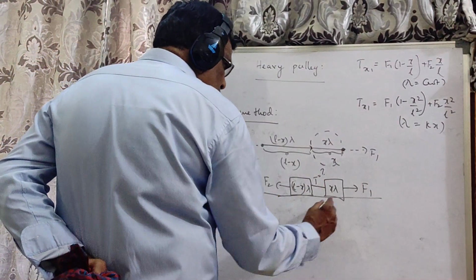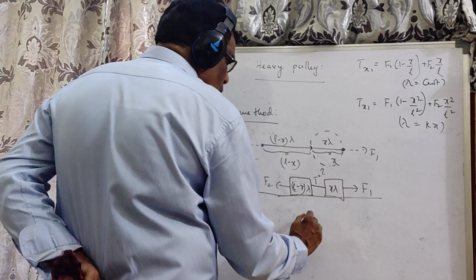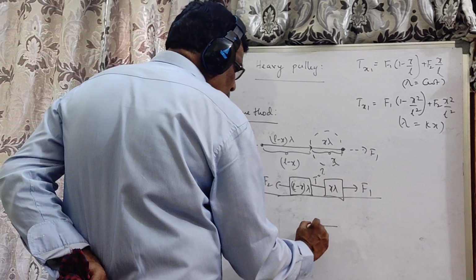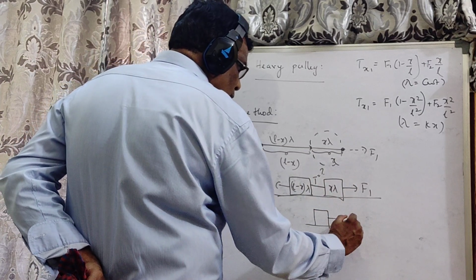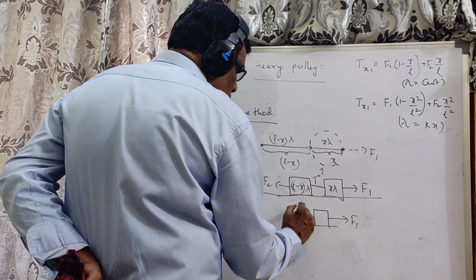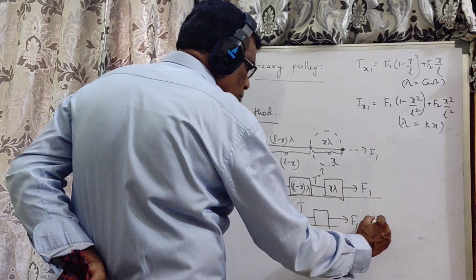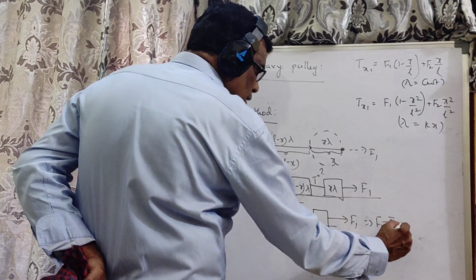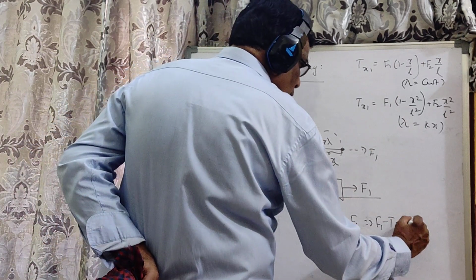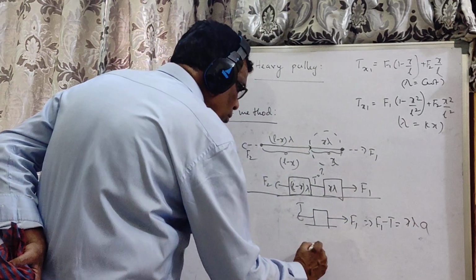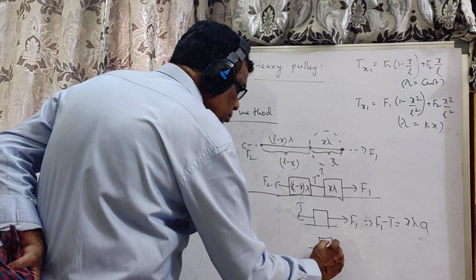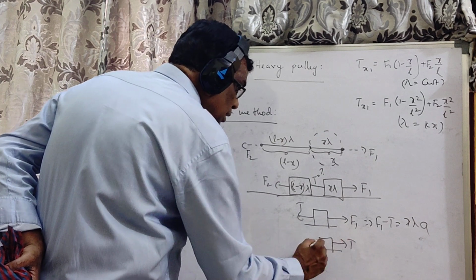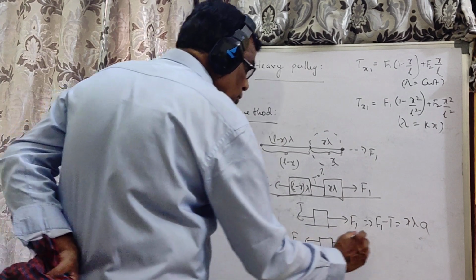Now you see, if I draw only for horizontal, I have F1, T. So this implies F1 minus T is equal to M1 a. What about the second body? Now this is T, this is F2.